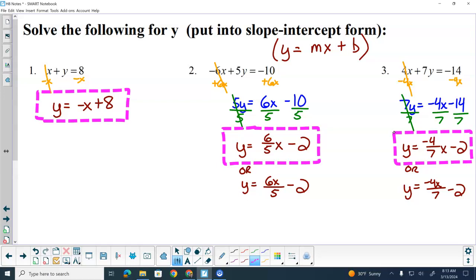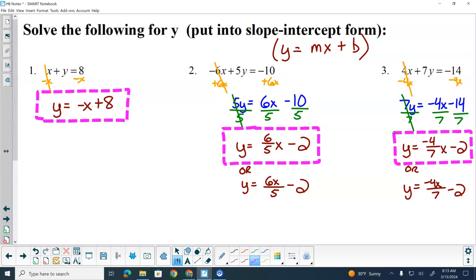Now, are you a top one or a bottom one? Top one. I like it better too, you know why? The m pops up. Whereas with this one you have to try and find it.